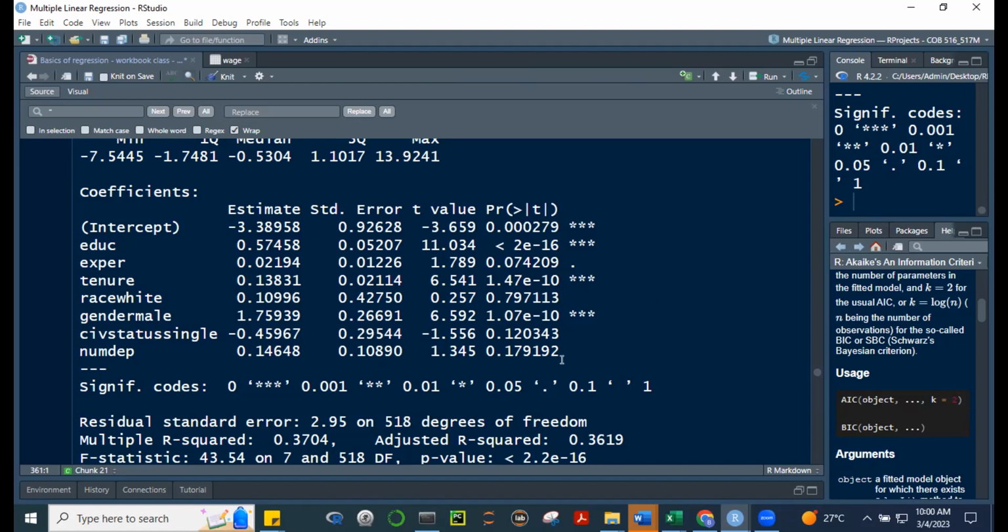Because you start with a model that includes all the variables, and then we remove the insignificant variables one at a time. That's what we mean by backward. It is stepwise because we do this regression one step at a time.